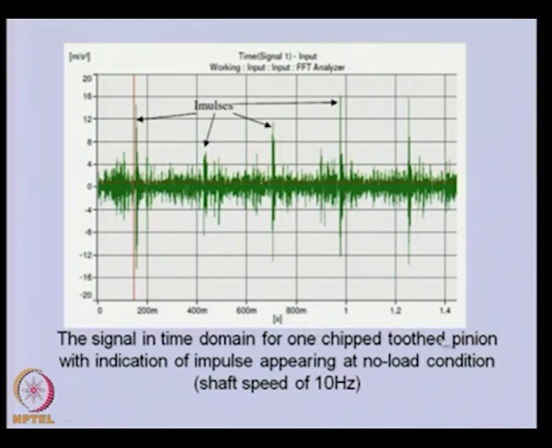One tooth has been chipped or removed, and obviously we will have impact. Whenever that particular tooth appears during the meshing, there will be an impulse, and you can see there are impulses, which indicate that one tooth has been chipped off. This could be an indication of which tooth has been chipped. We can have a baseline signal and compare with that. These impulses may not be present in a healthy gear.